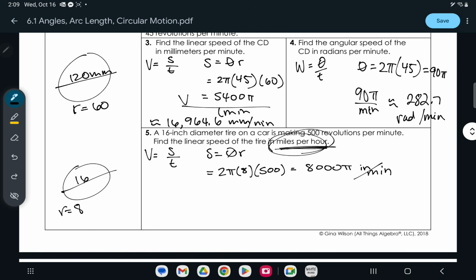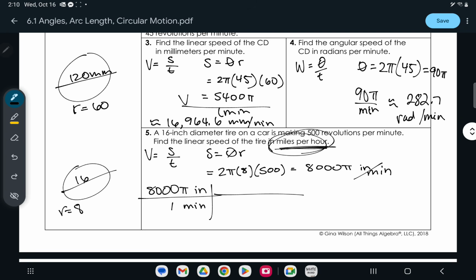We want miles per hour, so I'm going to write this up here: inches per minute. My end goal is to get miles per hour, so I need to convert things.